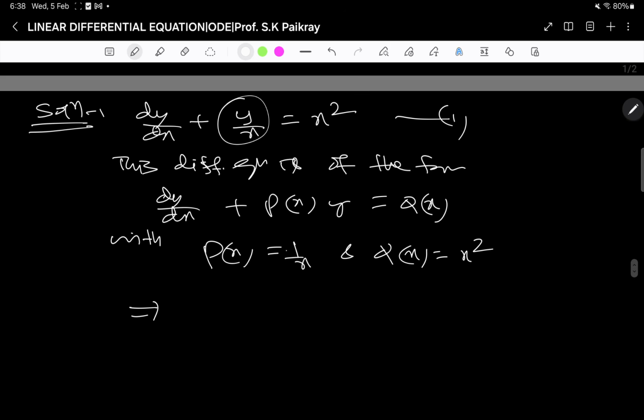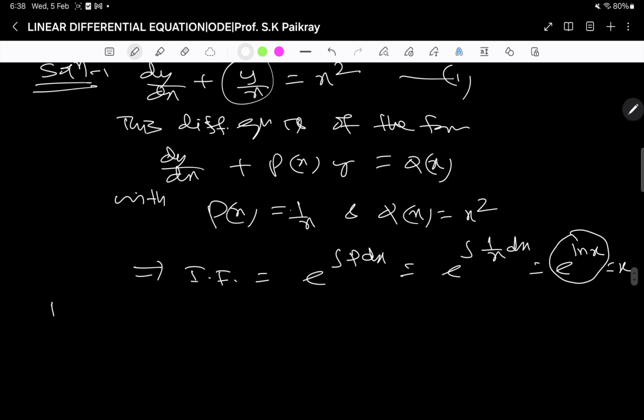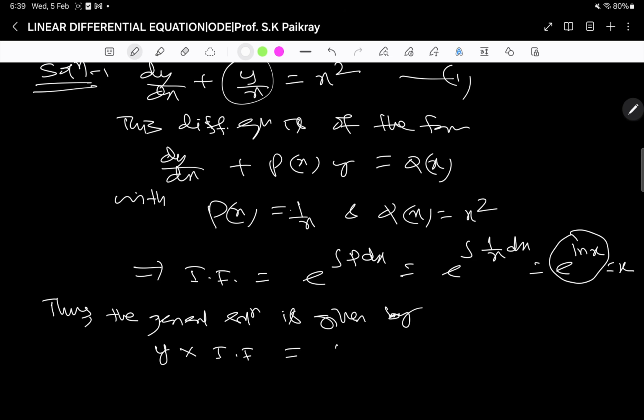So you find the integrating factor. The integrating factor is e to the power integral p dx, which is e to the power integral 1 by x dx, which is e to the power log x. So this is x only. Now coming to the general solution, the general solution is given by y into integrating factor is equal to integral q(x) into integrating factor dx plus some constant c1.